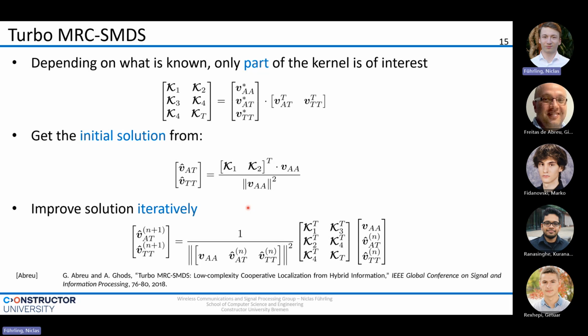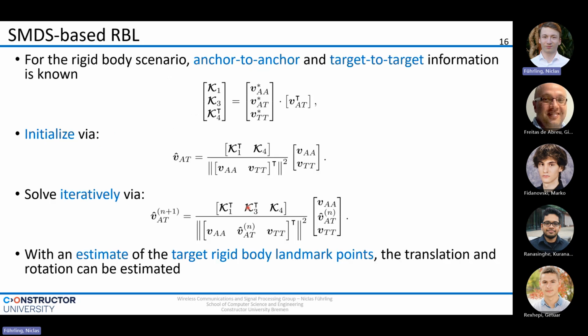Now, this was still for independent targets. But what we want to do now is, of course, use it for rigid body localization. So what is the difference between this and the rigid bodies is that now we can assume that we know the anchor to anchor measurements, but also the target to target information, because we said we know how our rigid body is constructed by the conformation matrix C. So in this case, we know VAA, but also VTT.